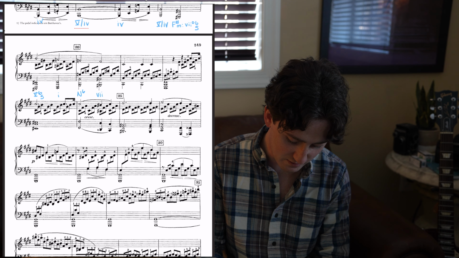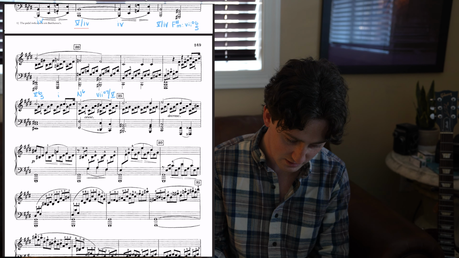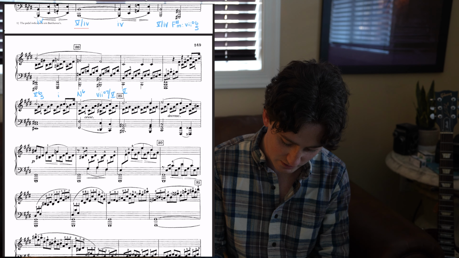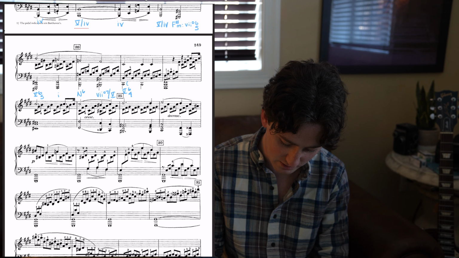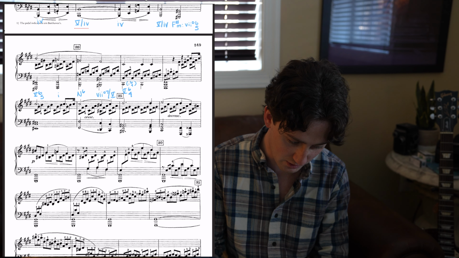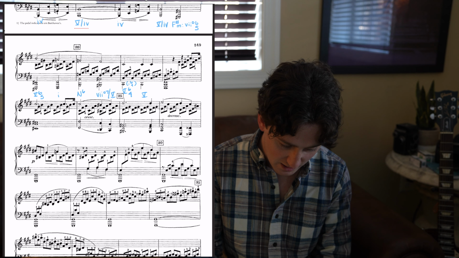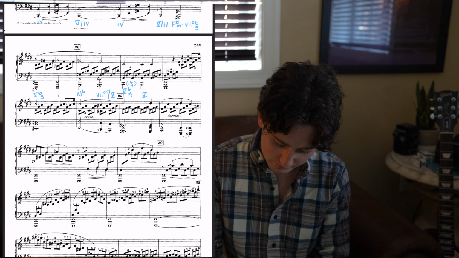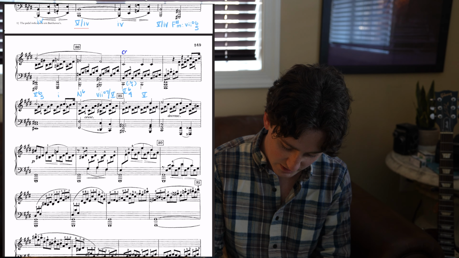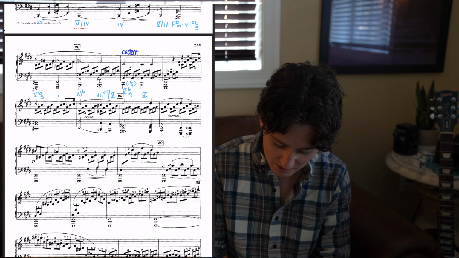This is your 7 diminished 7 of 5. From there, we're going to 5, 6, 4, which you can also call 1, 6, 4. This is 5. This is also cadential 6, 4.